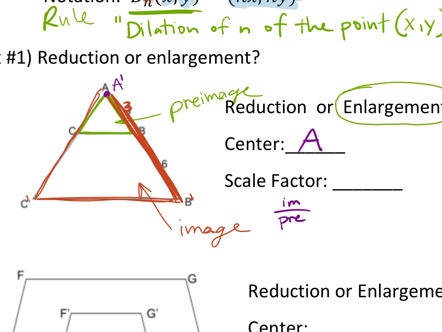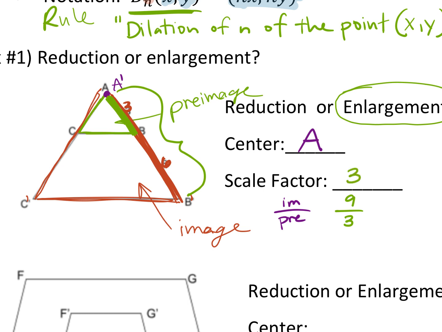Oh, no. A prime. Is it 3 over 9? What's your pre-image length? The pre-image is the 3. The image is the whole thing, right? So you're going to say image over pre-image, 9 over 3, right?